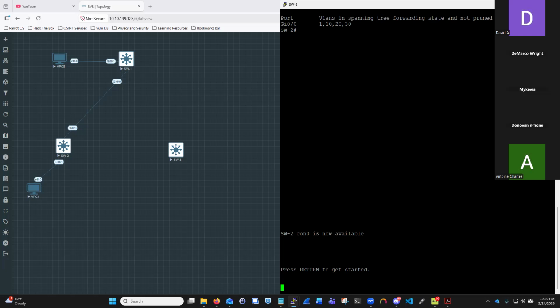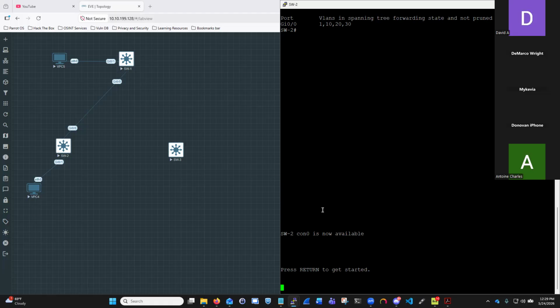We can always manually, statically say this link is going to be an access port or a trunk port. But I'm sure you guys are familiar with this: we can change the interface's operational mode to implement Dynamic Trunking Protocol.